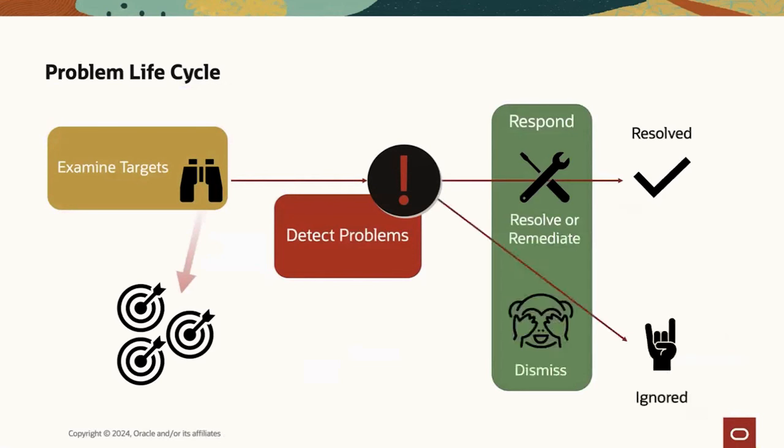Both resolve and dismiss are manual processes, and remediate will let you apply if there's a corresponding rule. So remember our use case, the make bucket private? That was a responder rule, and there was a corresponding detector rule that said, is bucket public?